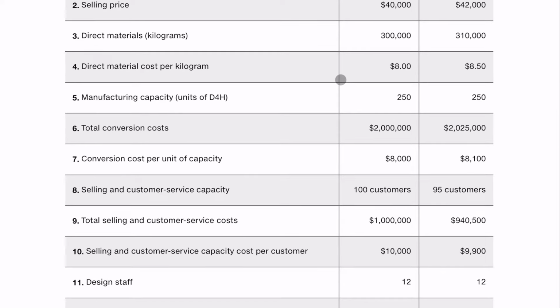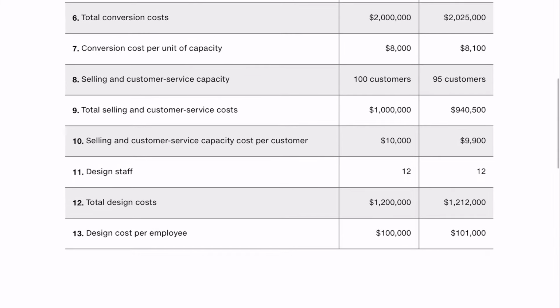Manufacturing capacity, units of D4H, 250 for each year. Total conversion cost, 2 million for 2018 and 2.025 million for 2019. Conversion cost per unit of capacity, 8,000, and for 2019 it is 8,100. Selling and customer services capacity, 100 customers in 2018 and 95 customers in 2019.